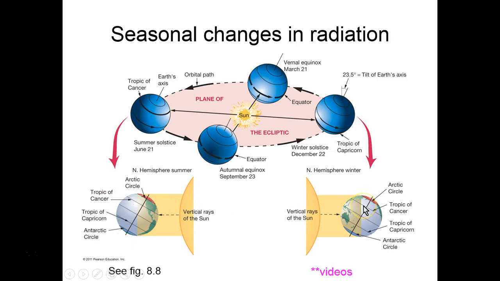And then the opposite would happen with our northern hemisphere winter, where the sun is now angled at 23.5 degrees south. Now the southern hemisphere is experiencing their summer, and the South Pole is going to get 24 hours of sunlight because it's always in the sun's rays, whereas the North Pole is going to experience 24 hours of darkness.